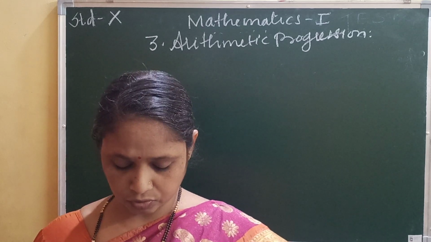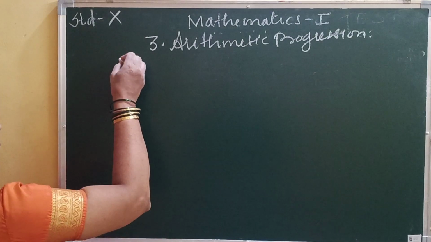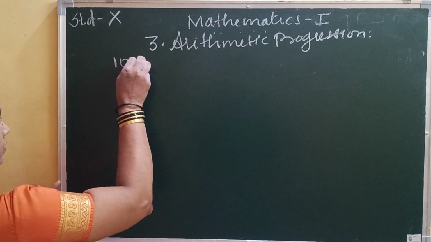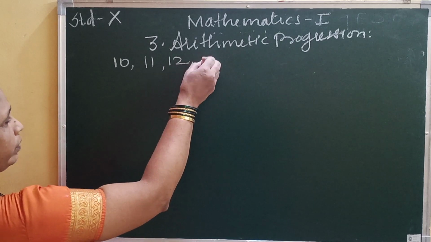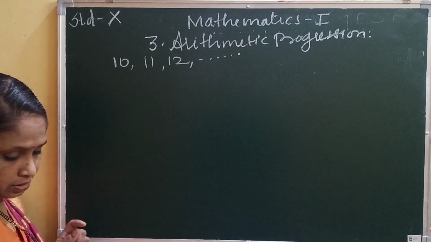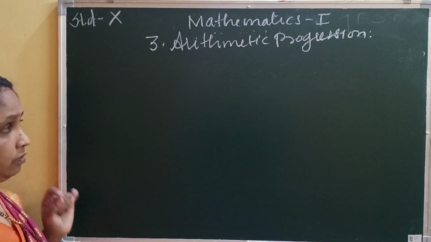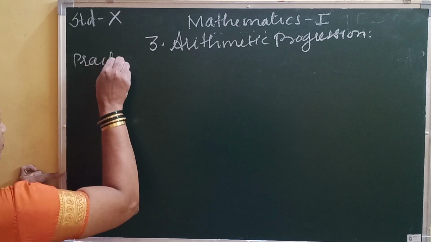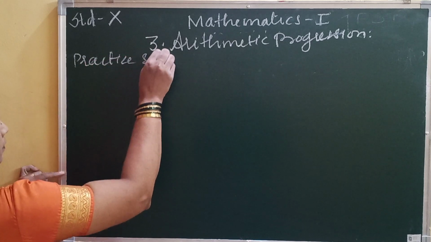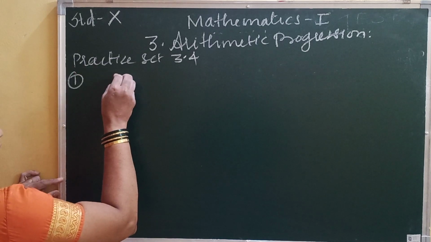Now, what have they given? First day's saving is 10, second day's saving is 11, and third day's saving is 12, and so on. These are the applications of an AP we are doing. So practice set 3.4, that first example.